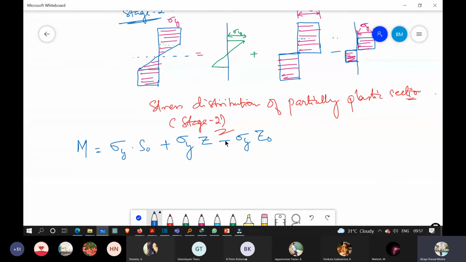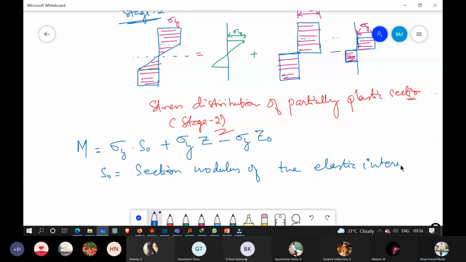Now what is this S0? S0 is the section modulus of the elastic interior portion. Z is the plastic modulus.